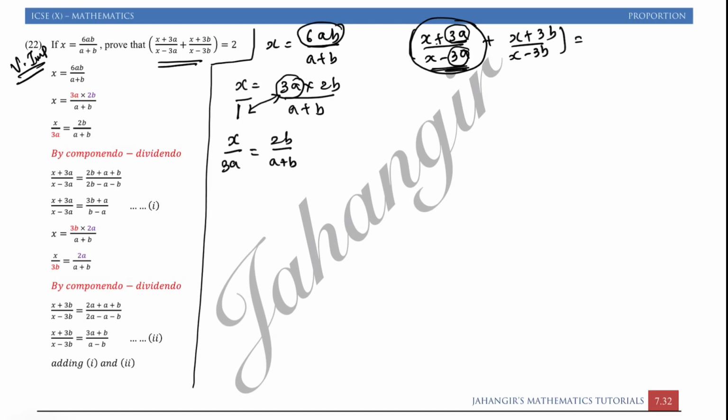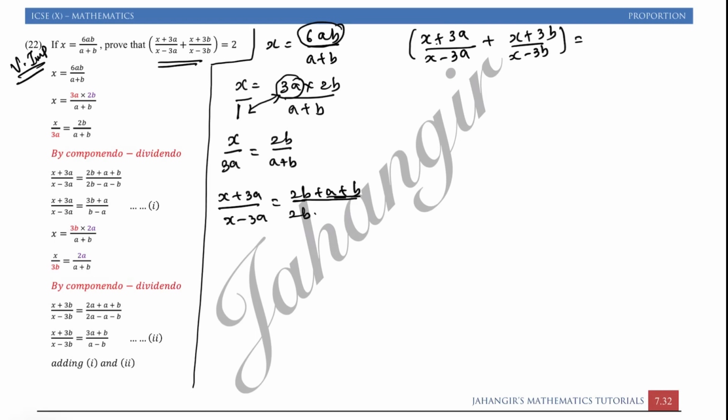Now I want x plus 3a upon x minus 3a. Looking at this term, we can easily say we have to take componendo and dividendo. So taking componendo and dividendo, what will I get? x plus 3a upon x minus 3a is equal to 2b plus a plus b, with 2b as the numerator and this part as the denominator.